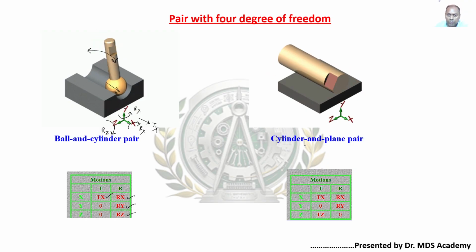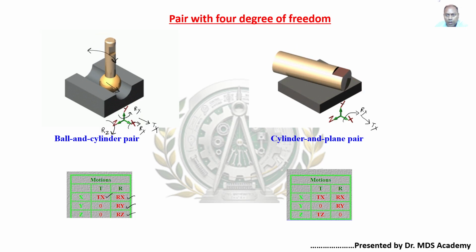Now the second GIF image shows the cylinder and plane pair case. It is doing translation along the x-axis. It is doing rotation also, yes, about Rx. So these are two variables present. About the y-axis, is it rotating?